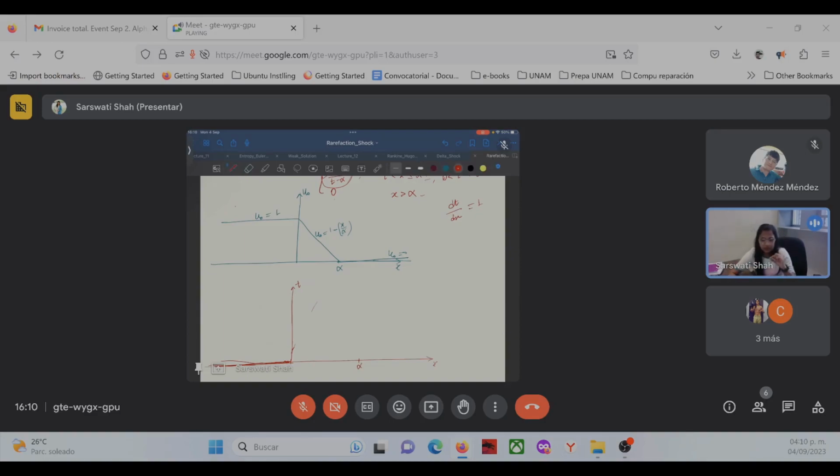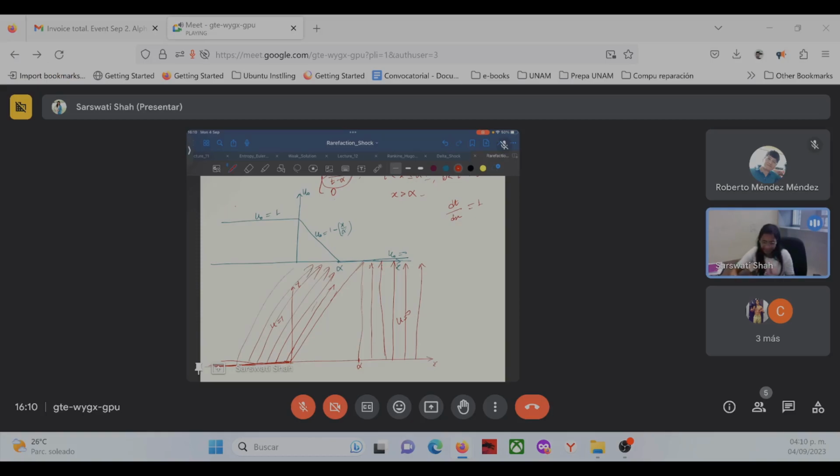So at the initial point, this slope is going to be like this, and this slope is going to be like this. Again my plotting is very bad, so you may plot a prettier picture. So this is u equals 0, and this is u equals 1.